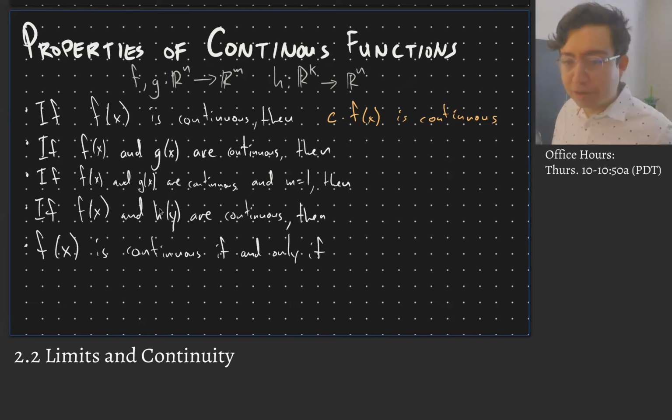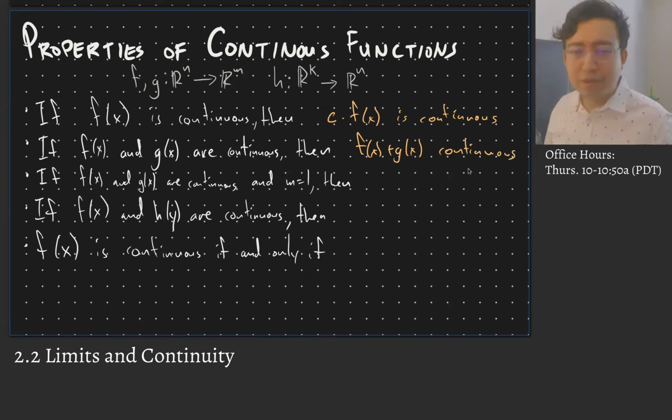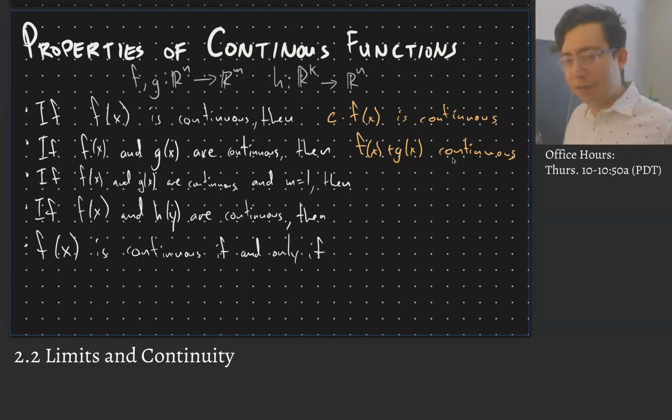So if you have two continuous functions, if you remember what we did with two limits which existed and we added them together, here, if we add them together, they're still going to be continuous. All of this is saying is, if you know just a handful of continuous functions, or if you figure out that a certain function is continuous, you don't have to prove that other functions are continuous if you can just write them as the sum of two functions you already know are continuous, or a scalar multiple of functions that you know are continuous.